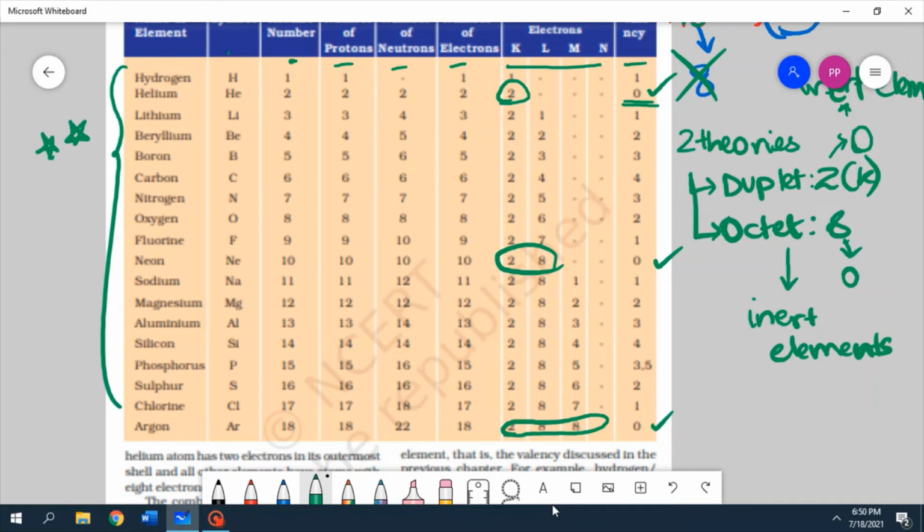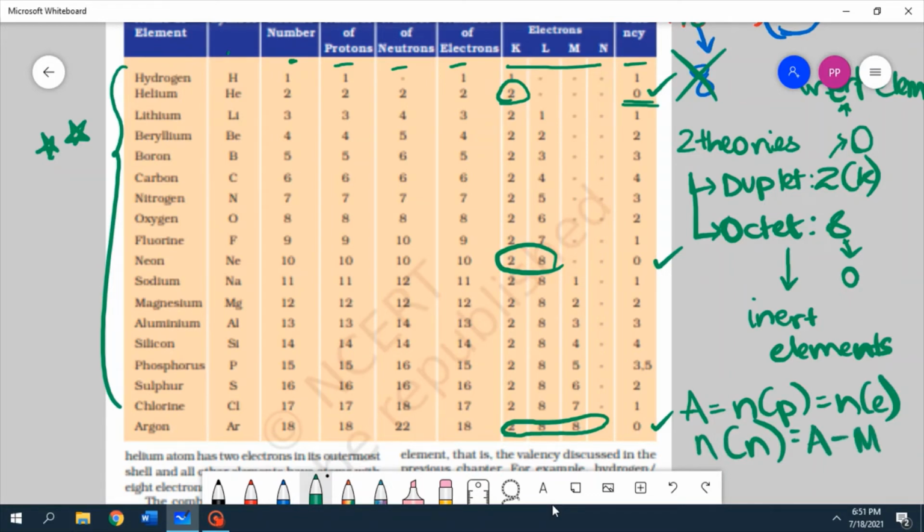Then the atomic number of an element is equal to the number of protons, and that is equal to the number of electrons, and the number of neutrons is equal to the atomic number minus the mass number.